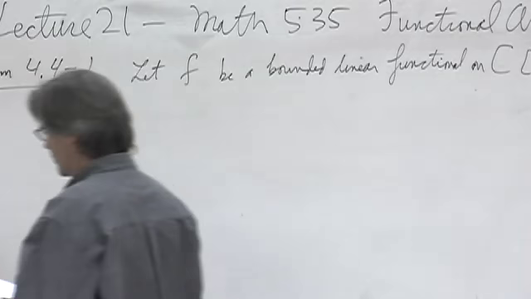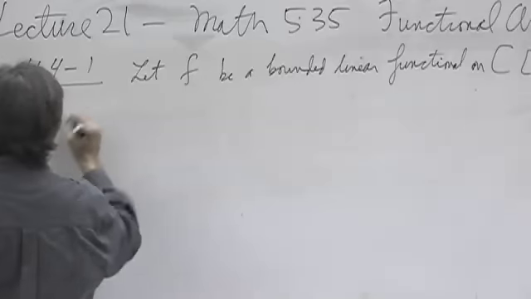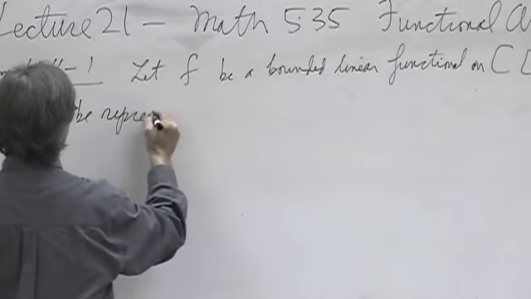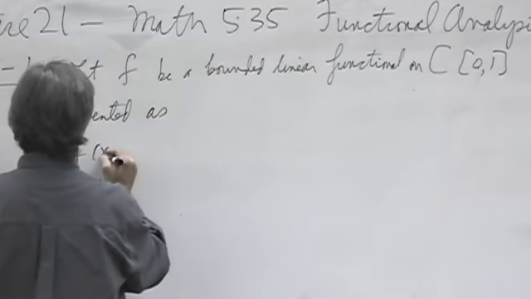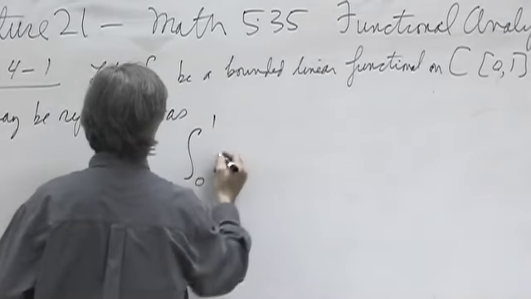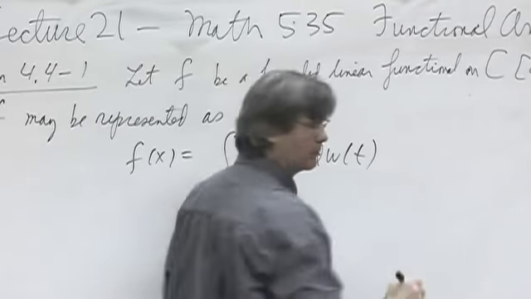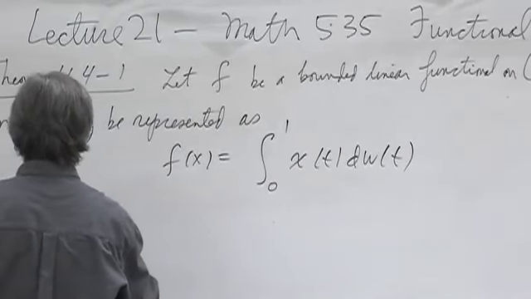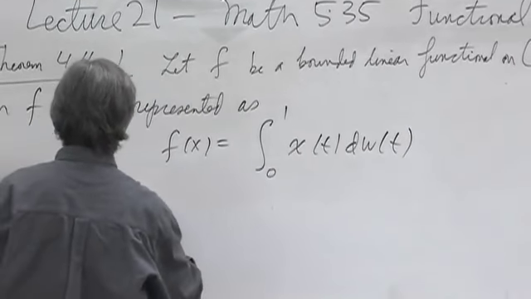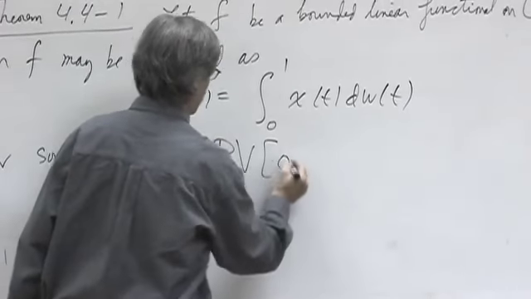Bounded linear functional on C[0,1], then f may be represented as f(x) equals the integral from 0 to 1 of x(t) dw(t) for some function w of bounded variation, w in the functions of bounded variation on [0,1].